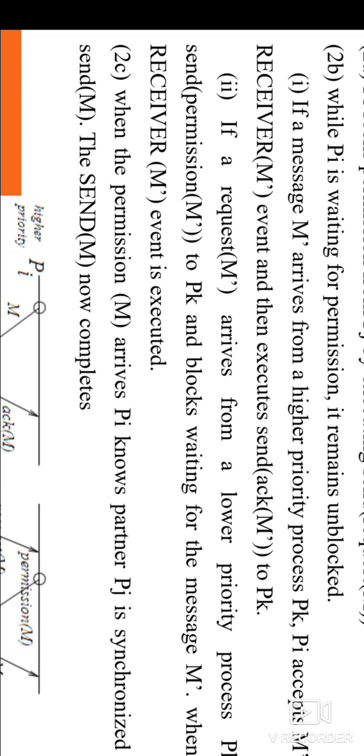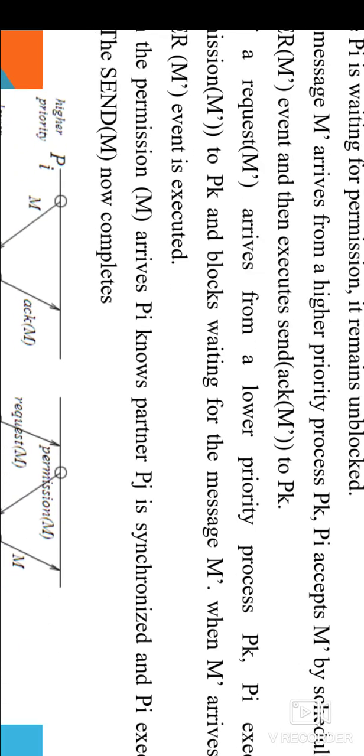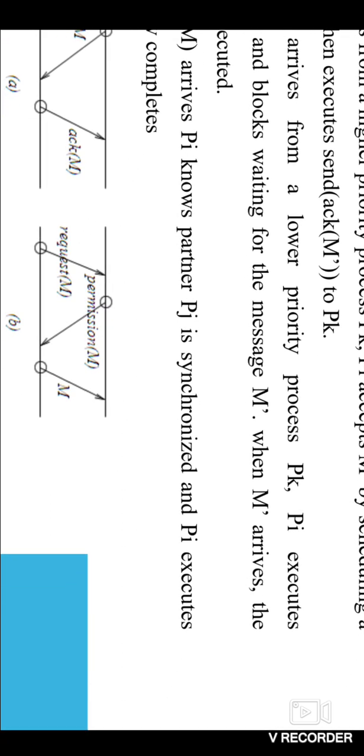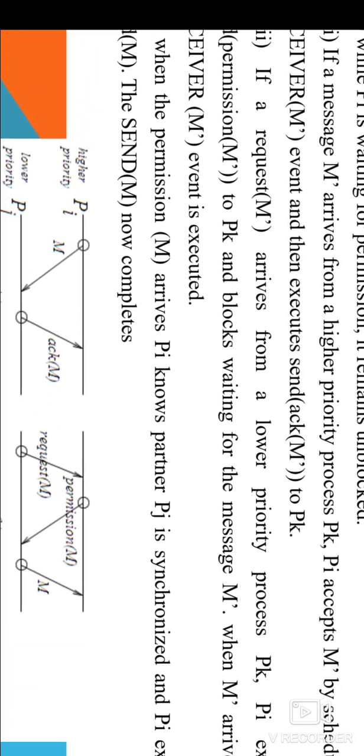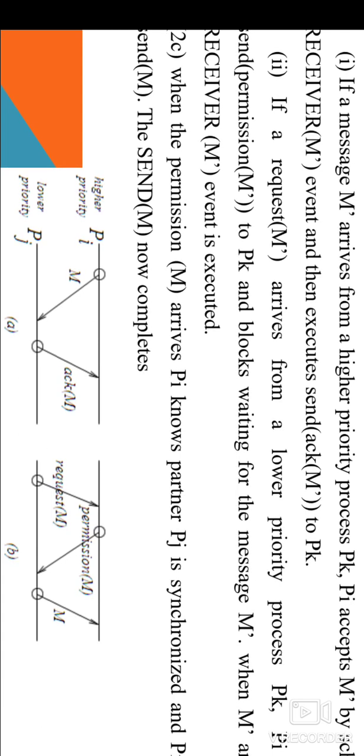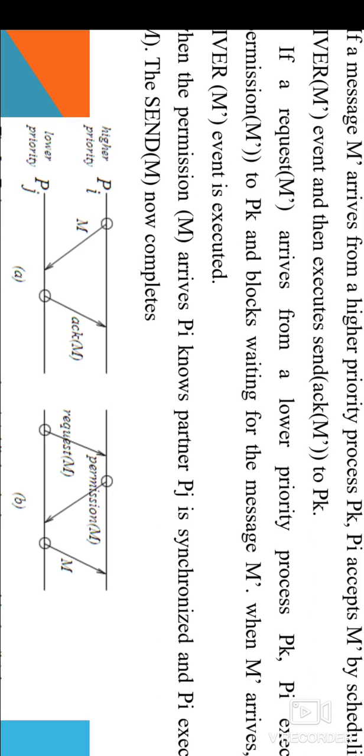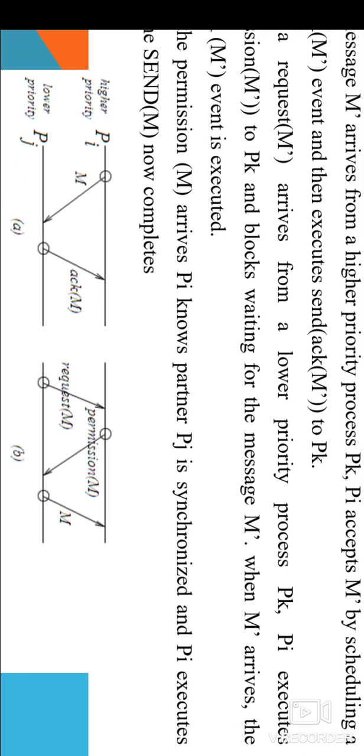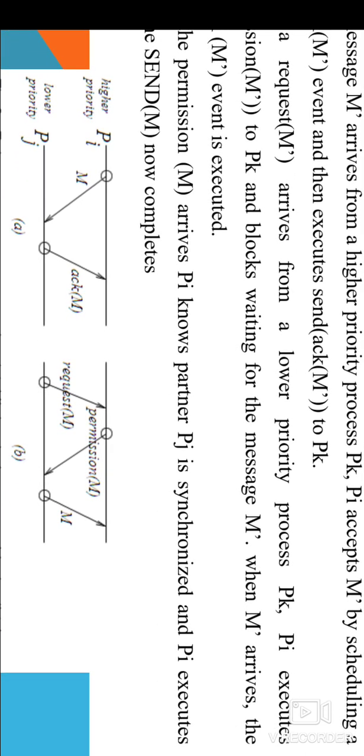Similarly, if a request message arrives from a lower priority process Pk, then Pi executes permission to Pk. After that, it gets blocked, because Pi is a higher priority process and Pk is a lower priority process.